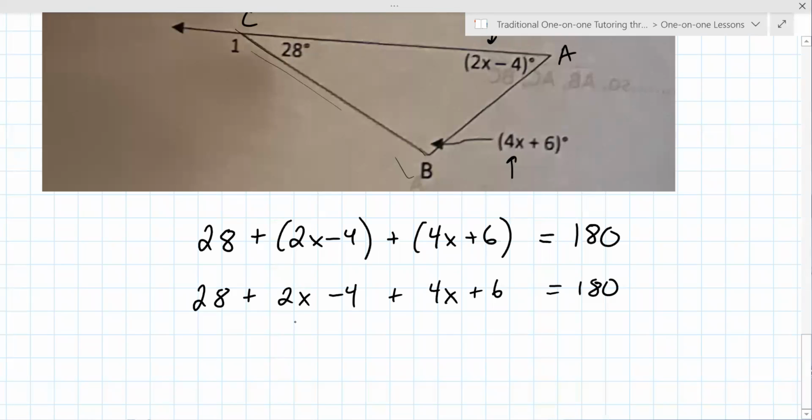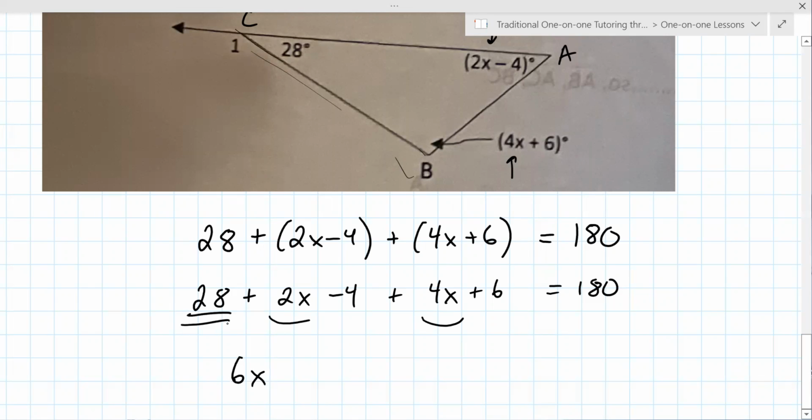Okay. We're going to add the x terms together. How many x's are there? 2 x's. Yes, but there's 2x and 4x. So we're going to add those together. That's 6x.